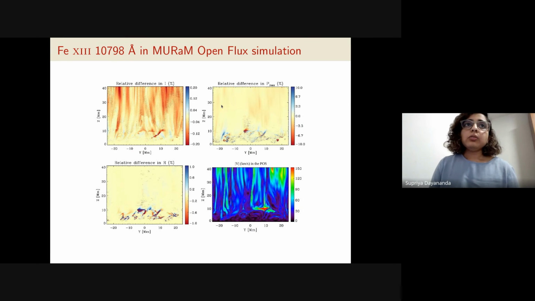It's the same conclusion that we got from the 10798 line calculations as well. And basically, if you are dealing with these lines, then probably you can ignore the effects of velocity fields while studying the Stokes profiles or the polarization signals of these lines.